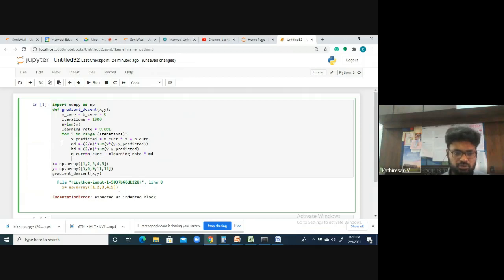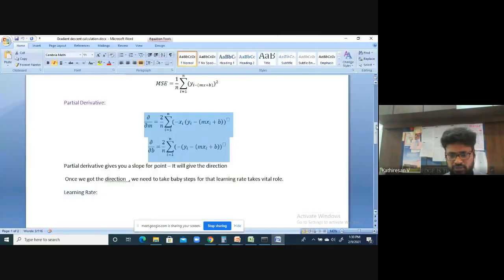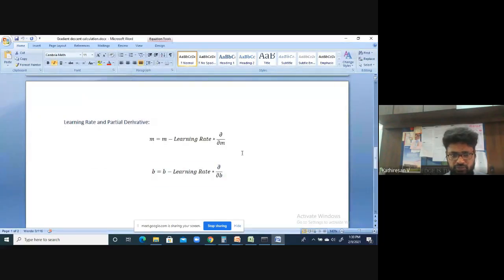See, once we have found the partial derivative of m and the partial derivative of b, we are able to find m current. So m current is this formula only: m minus learning rate into partial derivative of m.